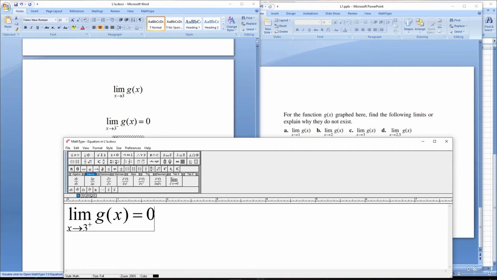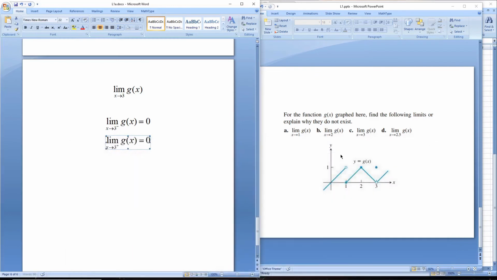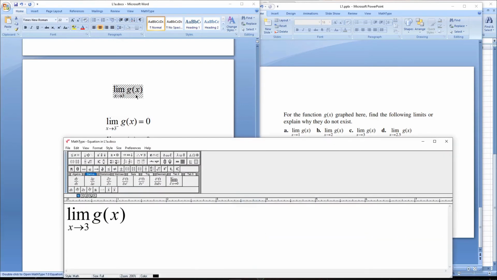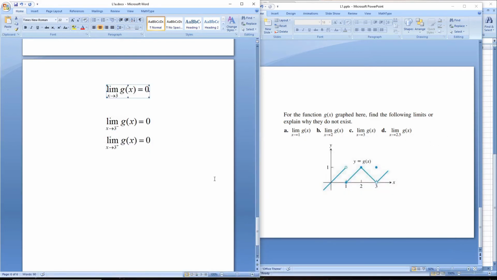And that's the limit. And now we can observe that the left and the right equal. Thus, the two-sided limit exists. And it equals then that number. And that's our answer for part C. The limit is 0.